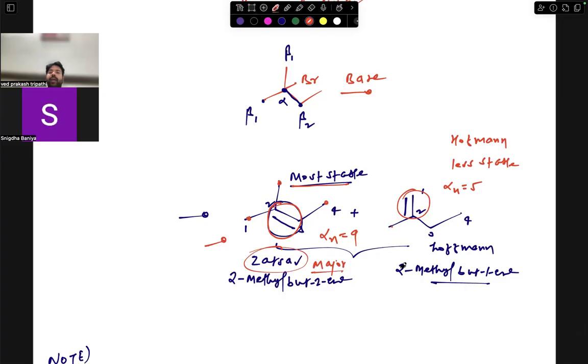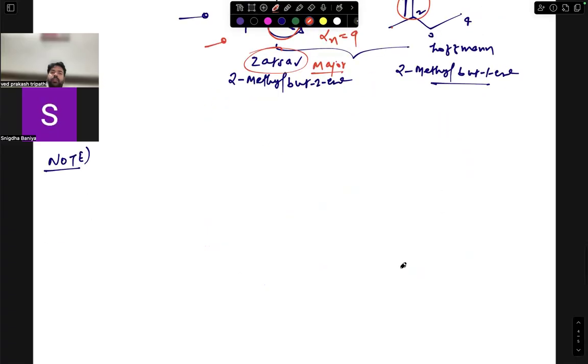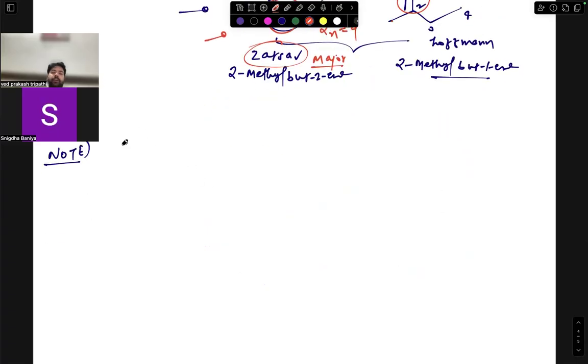I'm going to tell you at which condition we can say Hofmann can be major. So note point is whenever we are going to use bulky base.